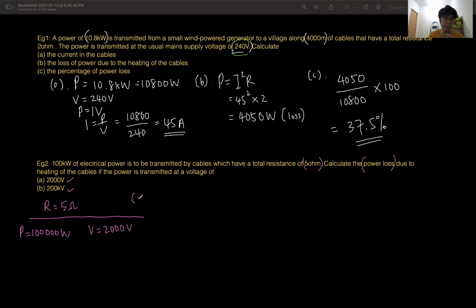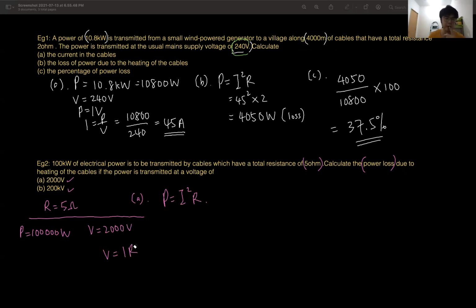Okay, let's do A first. I'm using 2000 volt. Then what is the power loss? P equals I square R. So first you need to calculate the current. V equals IR, can we get it from here? No, right? We get it from the power.